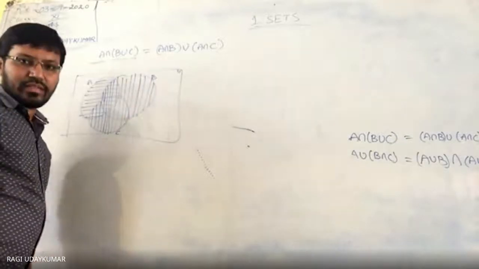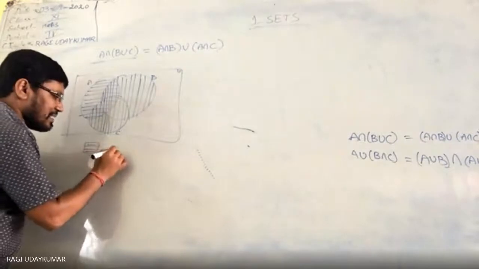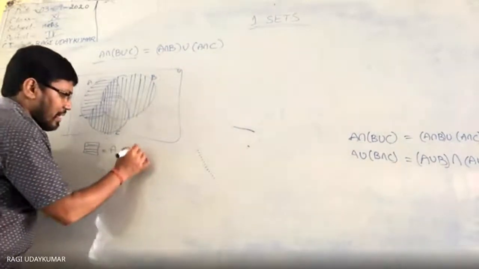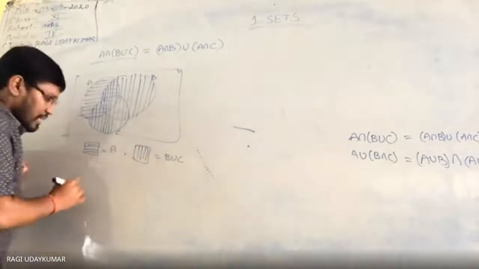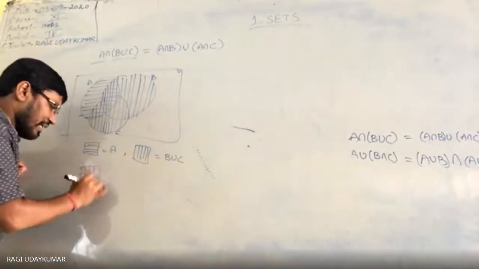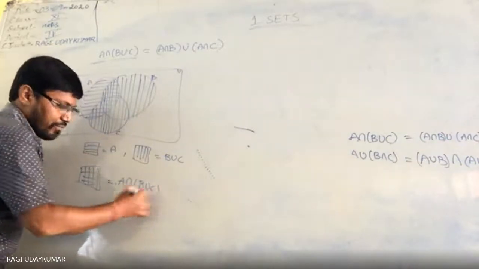This is B union C. So the horizontal lines represent A and the vertical lines represent B union C, and both horizontal and vertical lines together represent A intersection (B union C).